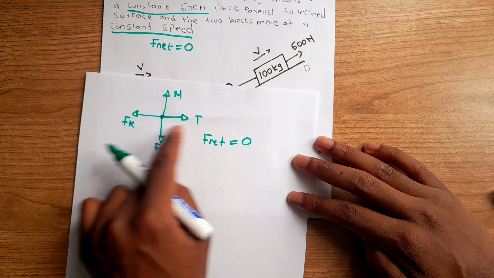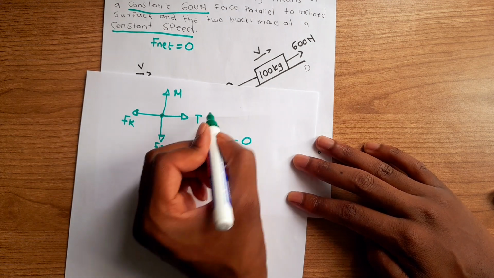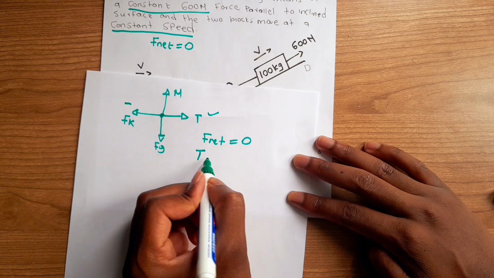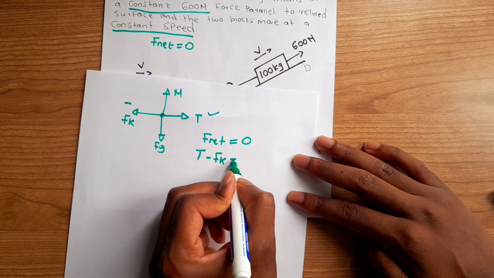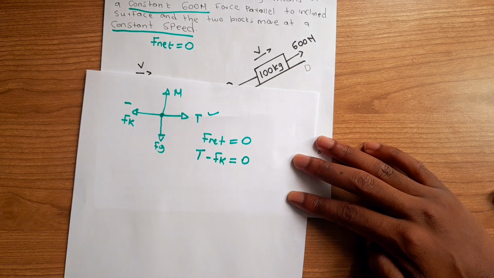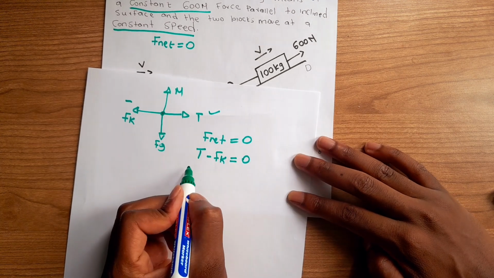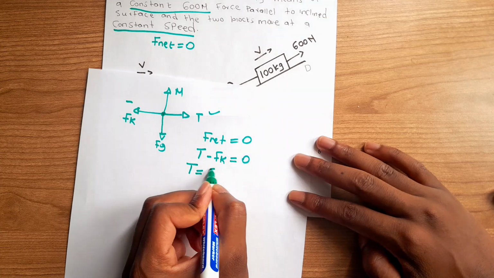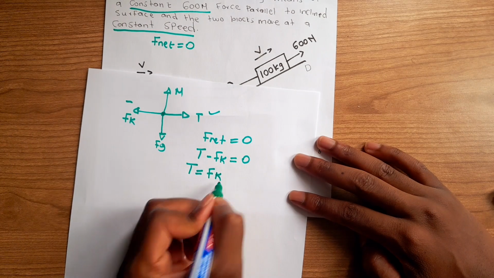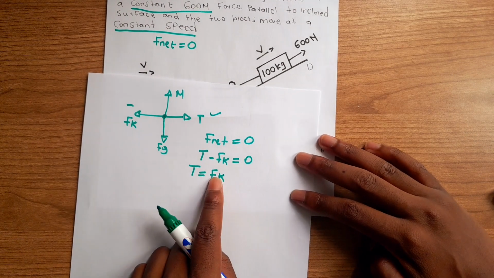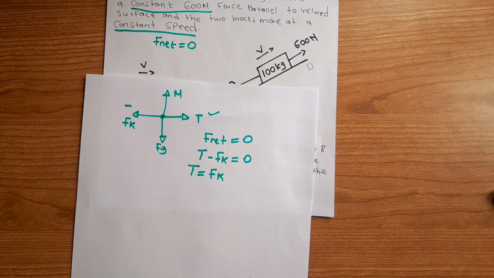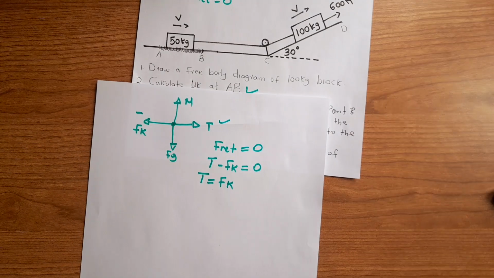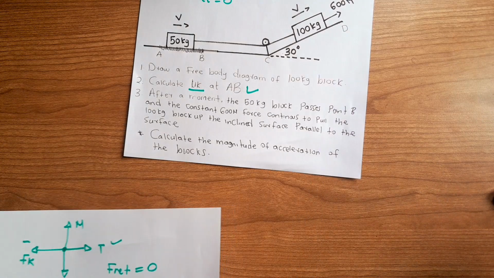So in the formula, tension is on the positive side, and friction is on the negative side, and that equals 0. So we now understand that the tension equals the frictional force. How can we use this information to our advantage?